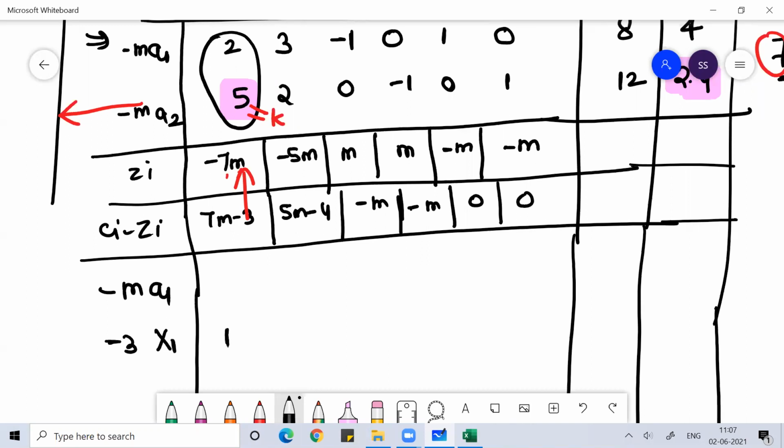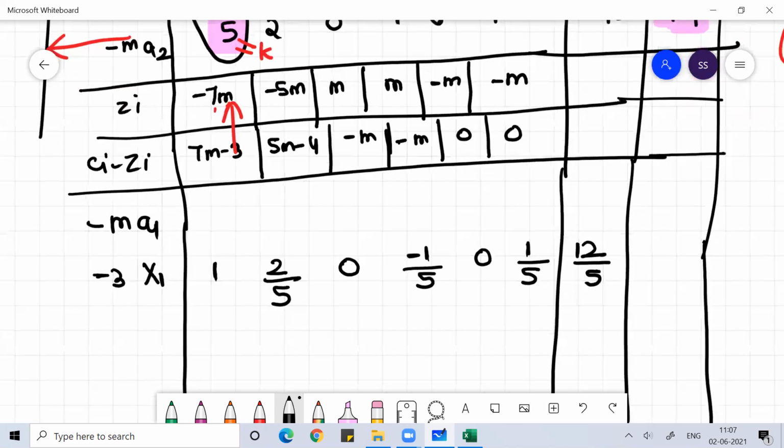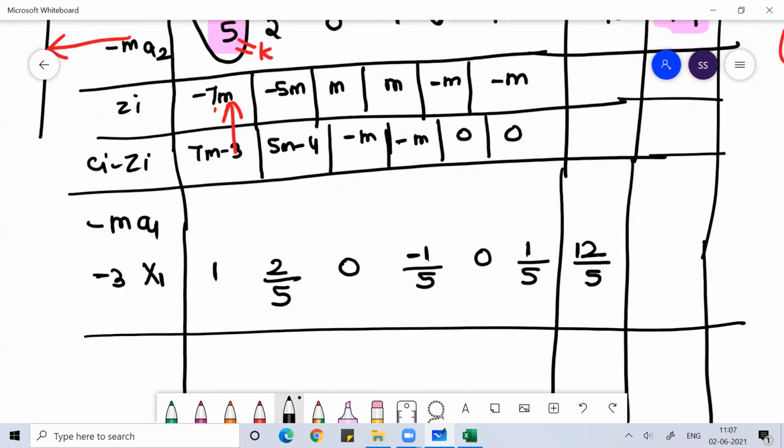So 5 divided by 5 is 1, 2 divided by 5 is 2 by 5, 0 divided by 5 is 0, minus 1 divided by 5 is minus 1 by 5, 0, 1 divided by 5 is 1 by 5, 12 divided by 5 is 12 by 5. I hope you understood. I got all these values of x1.